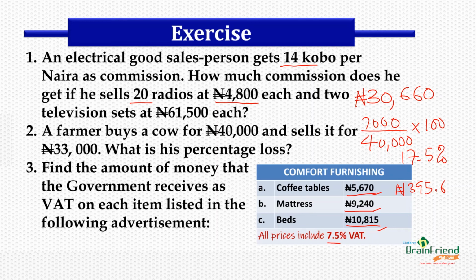We'll divide 9,240 by 107.5 and then multiply the result by 7.5. Our result will be 644.7 naira. And lastly, we would have 754.5 naira. If these were your answers, you are correct.